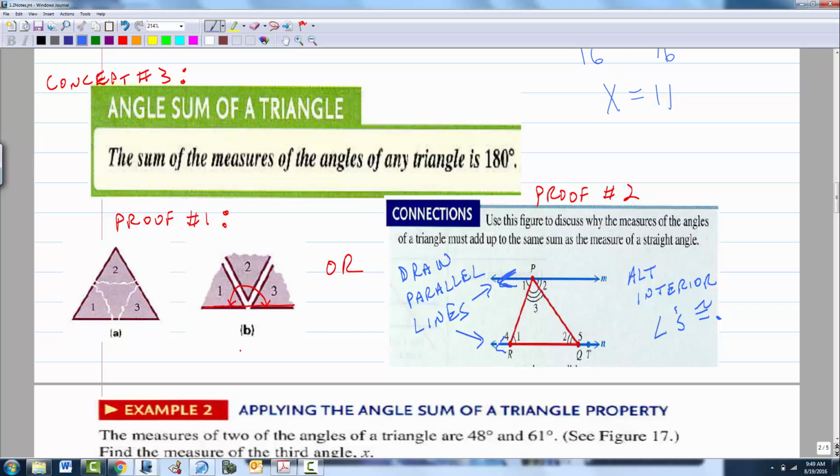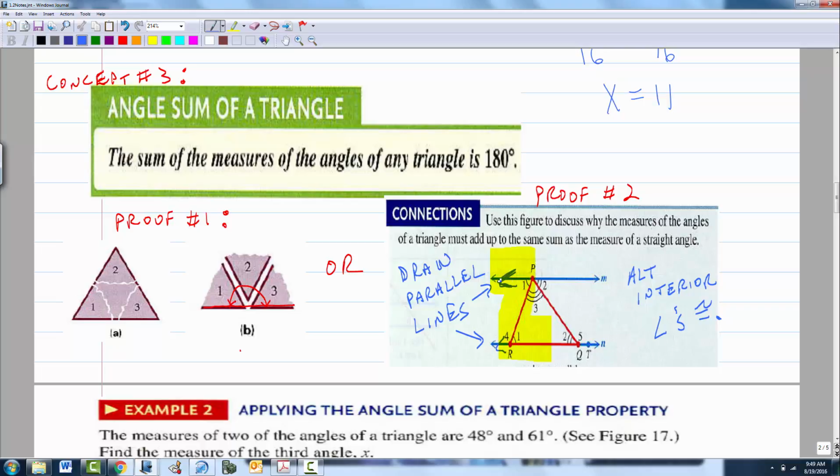Now the reason I extended this line and put a parallel line through this point is I can snap angle 1's measure right here. Why? Because what kind of angles are 1 and 1 here? Starts with an A. Alternate interior angles.